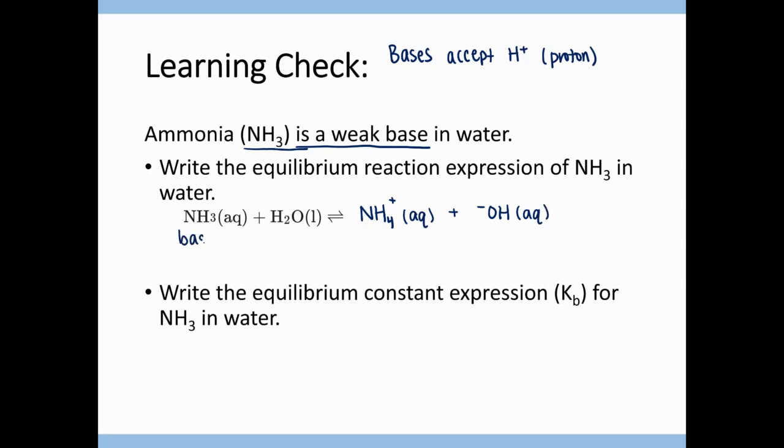So here we have NH3 is the base, H2O is the acid, NH4+ is the conjugate acid, and OH- is the conjugate base. If you're adding a base to water, you should always have OH- on the right side. And that's because if you're adding a base, H2O is the acid, it gives away a hydrogen, becomes OH-.